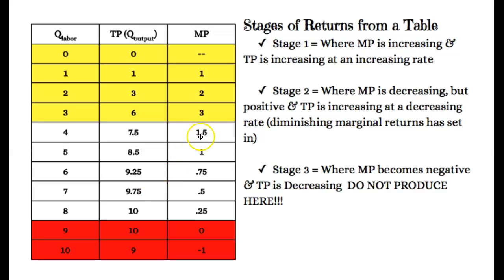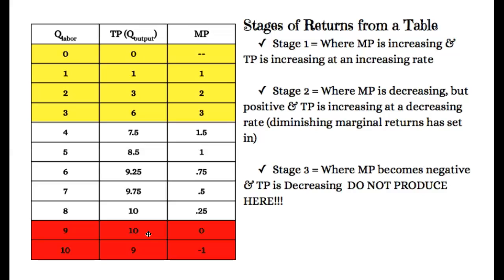So each additional worker is producing less and less additional output, but they are still increasing the amount of output being produced. Marginal product positive, total product increasing at a decreasing rate. And then when we get to stage 3 returns, marginal product has gone negative, and we're actually losing total product.